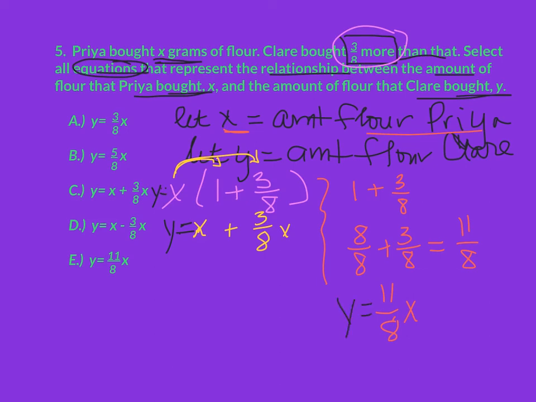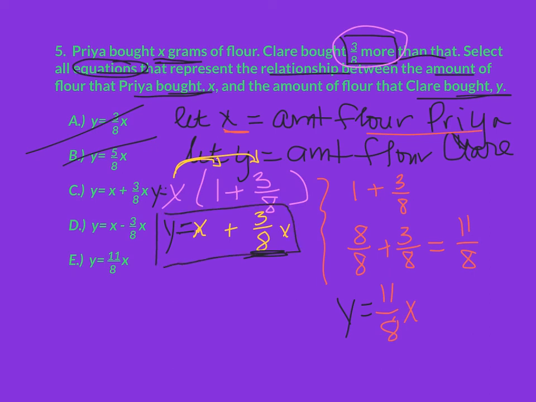So let's see if we have any that match what we have. The first one, A, says Y equals 3/8 X. Well, we know that 3/8 X is part of our equation, but it's not the whole thing, so that cannot be right. B says Y equals 5/8 X. Well, 5/8 is nowhere to be found here. If we think about it, we can probably figure out that they subtracted instead of added. They missed the word more, so this is also not correct. C says Y equals X plus 3/8 X. I believe we have that one right here.